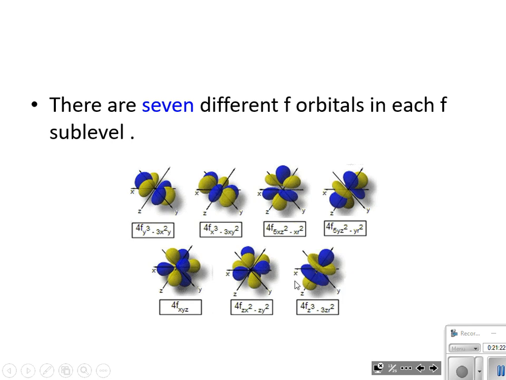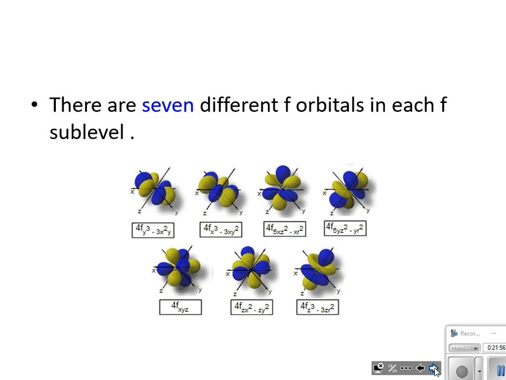This one right here that I got my pointer on is f z to the third, 3zr 2. Once again, way in depth. What you need to know about this is how many orbitals are on the F sublevel. And that answer would be 7 orbitals on the F sublevel.